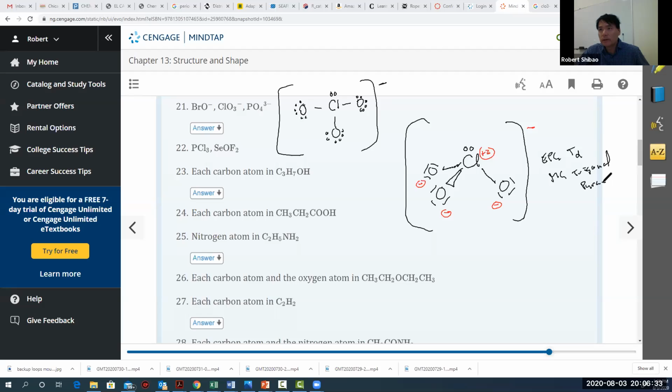Now, for trigonal pyramidal the ideal angle should be 109.5 degrees. But we have a lone pair on the chlorine, which is going to distort it by about 2 degrees. So we expect the oxygen, chlorine, oxygen angle here to be around 107.